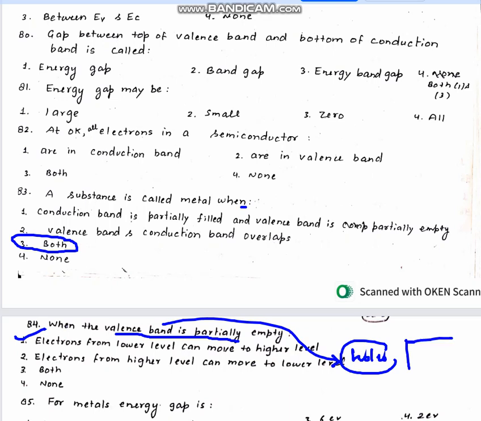So suppose this is the valence band, this is the topmost level of valence band, and suppose that a particular electron is here. So if the states are empty, then this electron can move to the higher levels, and due to this movement there is a conduction possible, and we can make use of the energy during the process of this transition. So it corresponds to the shifting of hole from one atom to another. So electrons from the lower level can move to the higher level. One is correct over here.